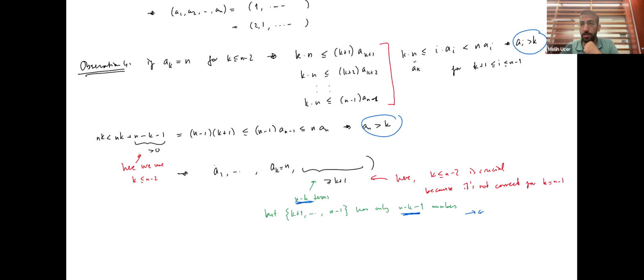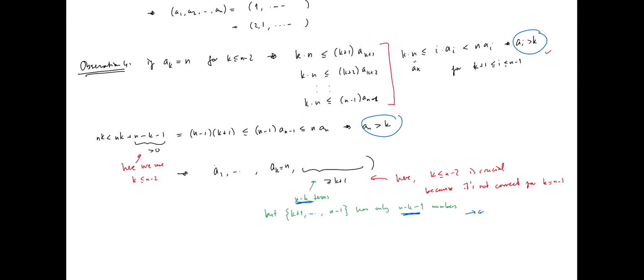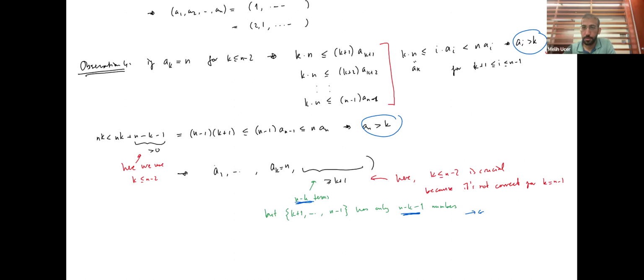So does this explain it, Kerem? Actually, I didn't get the last thing, but I think we can say that we have after k, n minus k elements, and all of them must be bigger than or equal to k plus 1.